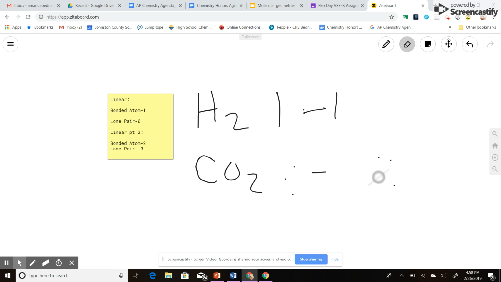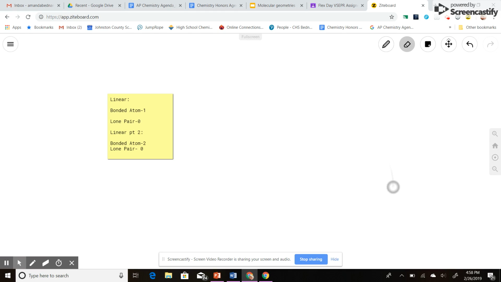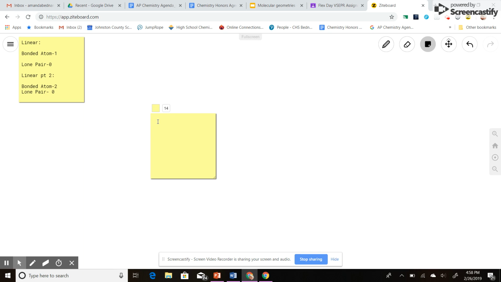All right, so our next shape is our bent shape. And our bent shape can also have 2 different variations. All right, so bent.